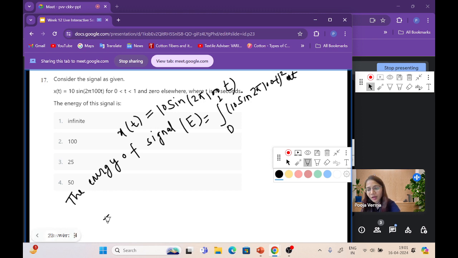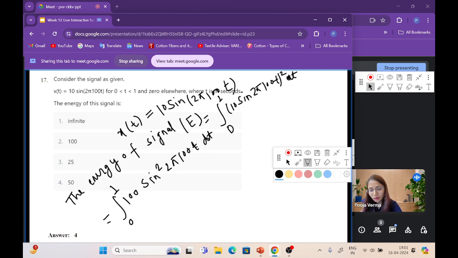Now I'm writing here. Okay, so 0 to 1, 10 square is 100, 100 sine square 2 pi 100 t dt, right?